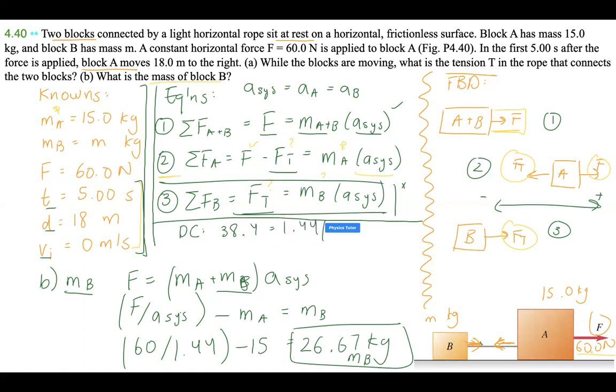And so what is going to be MB? 38.4 divided by 1.44 is equal to 26.67 kilograms. So perfect. That is our final solution, and that's the answer to part B.